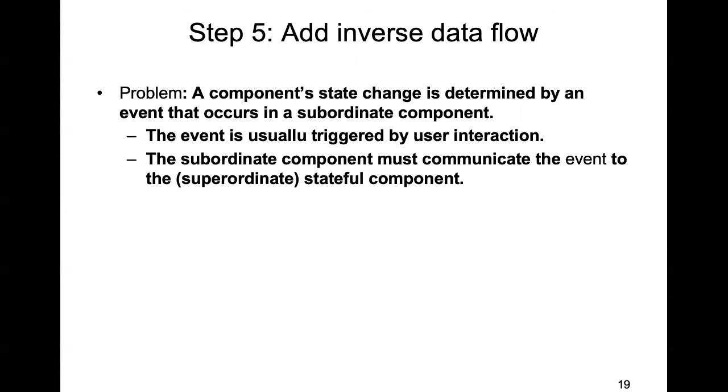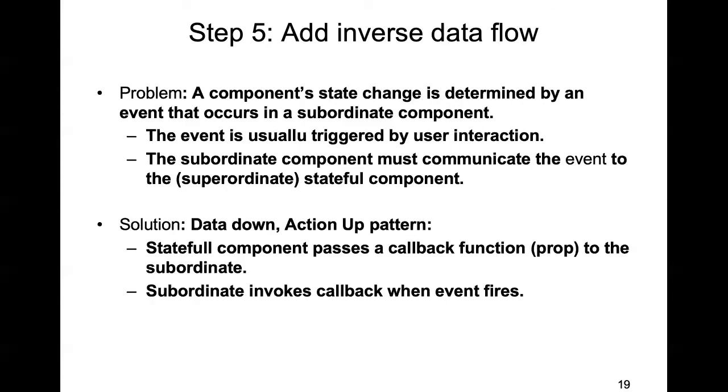Okay, and we've got a couple of instances of that in our sample movie app that we're looking at in this set of slides. And we know what the solution is, this idea of passing a callback function down to the component that actually catches the event that triggers the state change. So we know this already.